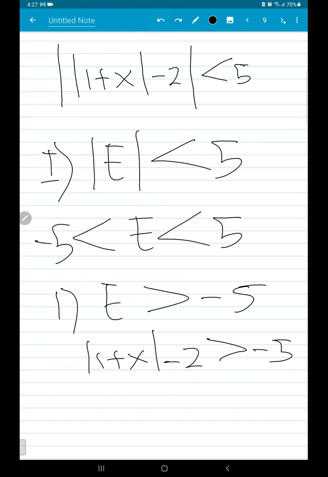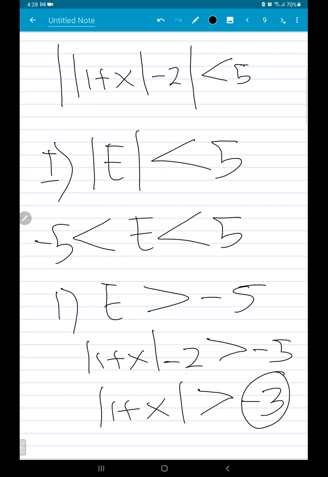Transpose, and you have that. But the good thing with this problem is you don't have to proceed further with case 1, since notice the one side is a negative number. The other side is always a non-negative number.